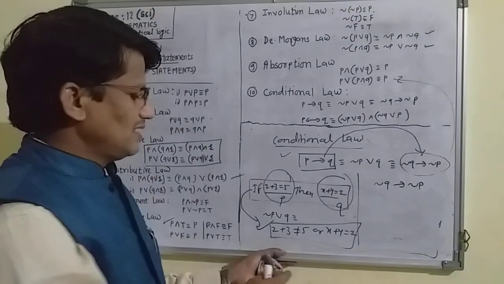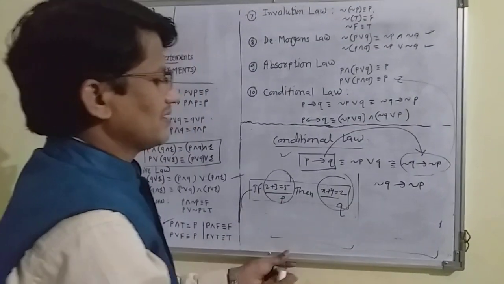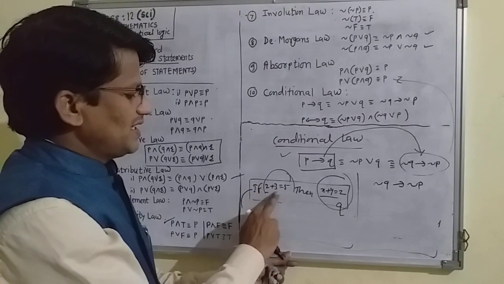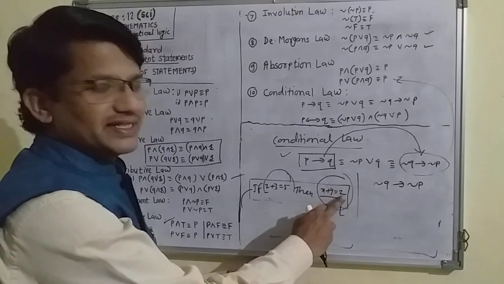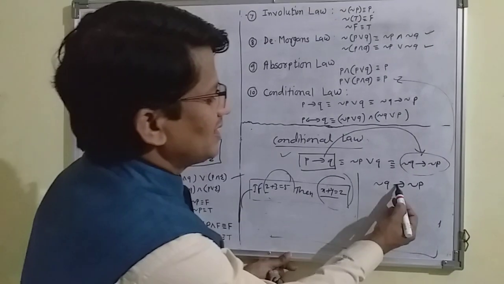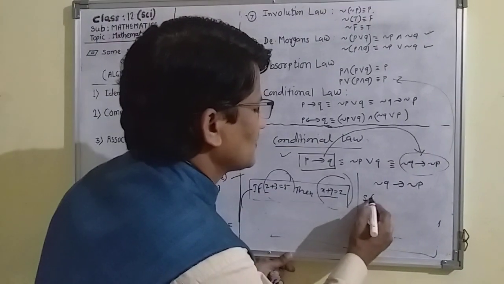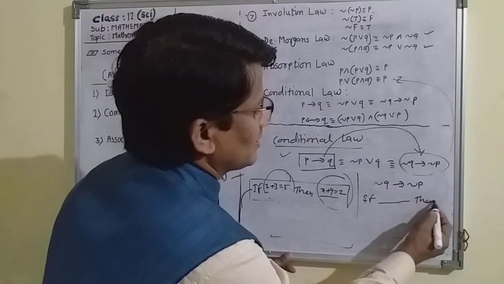Now once again I am writing the same statement in another way. What is the statement? See here, if 2 plus 3 equal to 5, then x plus y equal to z. This statement can be represented like this. Again, here implies is given. So the answer should start with if, then again here.